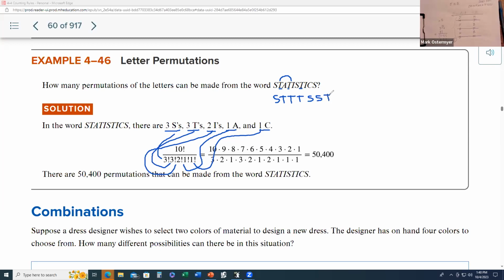And then I, I, counted for all the I's. And then A, C. Do you agree that would be a unique arrangement of these letters? It's different than the word statistics, correct? I'm not saying this is a word. I'm saying it's a unique arrangement. Isn't that a unique arrangement of these letters? How many more are there? Well, there's only 50,398 more. Anybody care to enumerate all those?